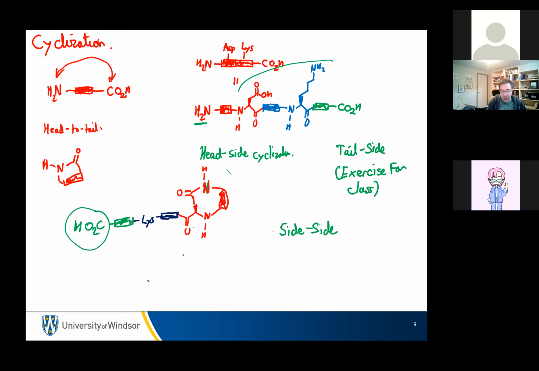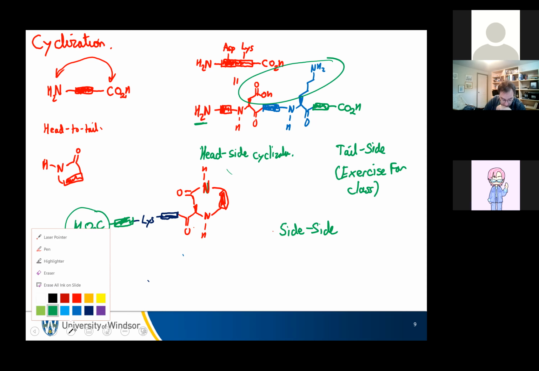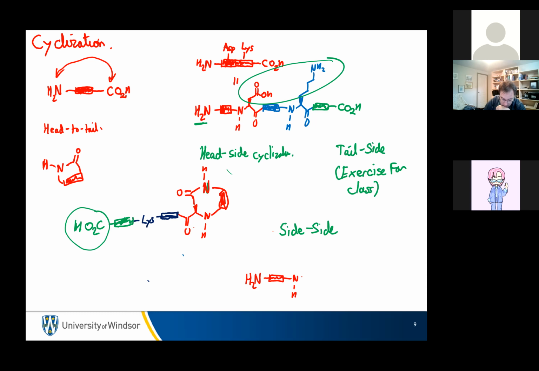Side to side is where I couple the two sides together, right? So if I do that, I have some macrocycle. I have no idea how big that peptide block is in between.